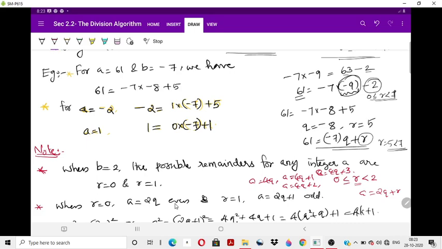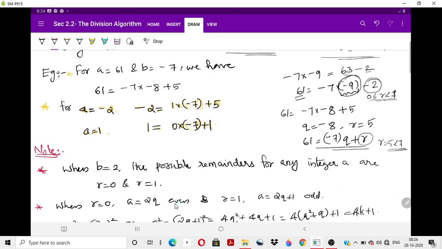So with b equal to 2, any odd integer is of the form 2q plus 1, or with b as 4 any odd integer is of the form 4q plus 1 or 4q plus 3.